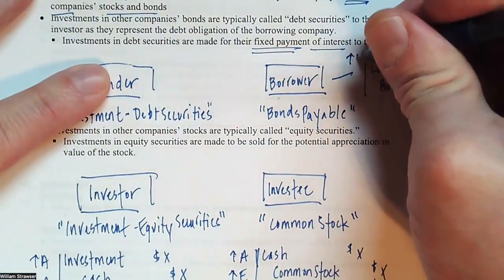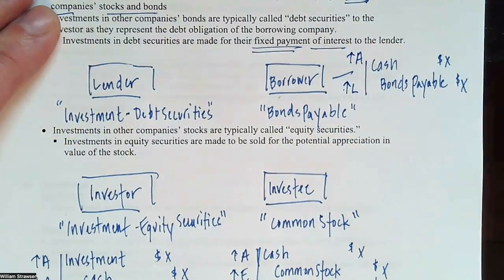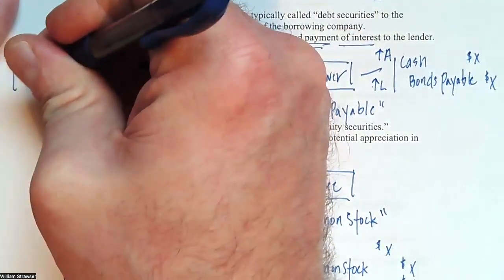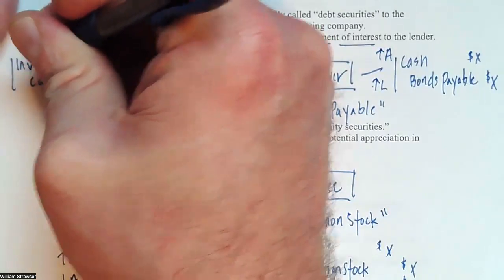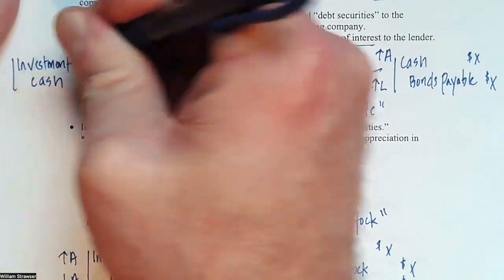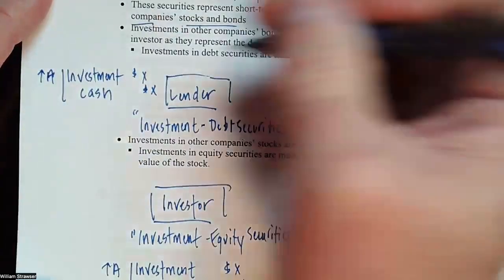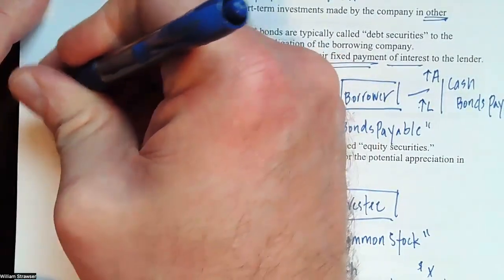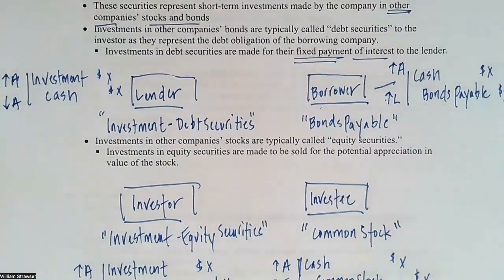They received cash and they also now have an obligation, whereas the lender is paying cash and they are creating an investment. So the investment to the lender is an asset. And of course, they have to pay out cash in order to procure and acquire that investment.